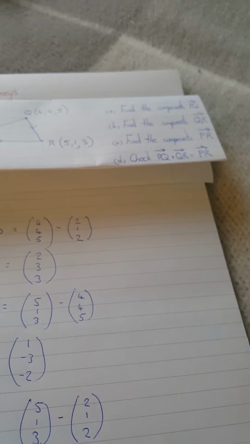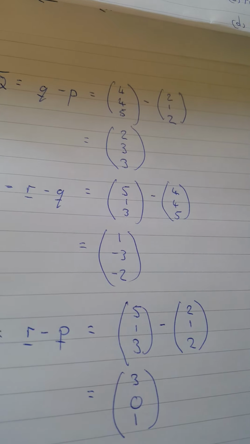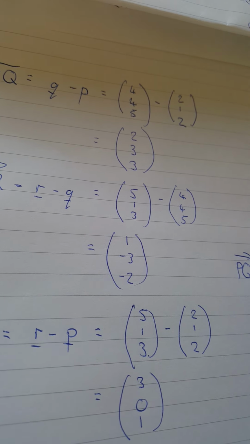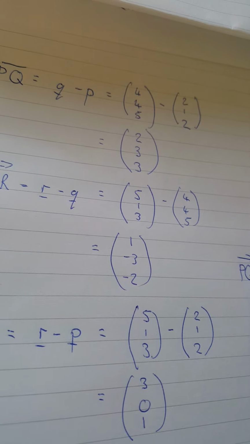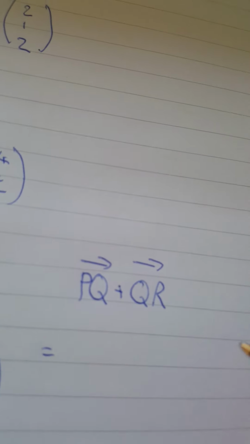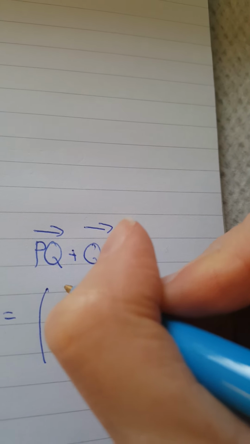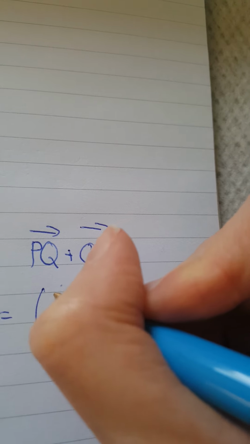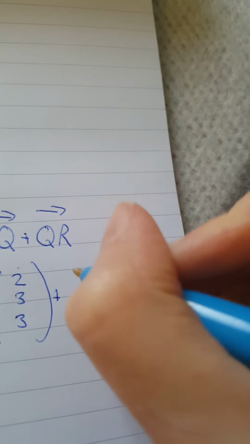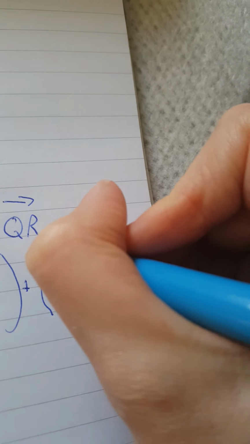I then asked you to check that PQ plus QR was equal to PR. So let's check that now. PQ plus QR. Well, we saw that PQ was 2, 3, 3, and QR was 1, minus 3, minus 2.